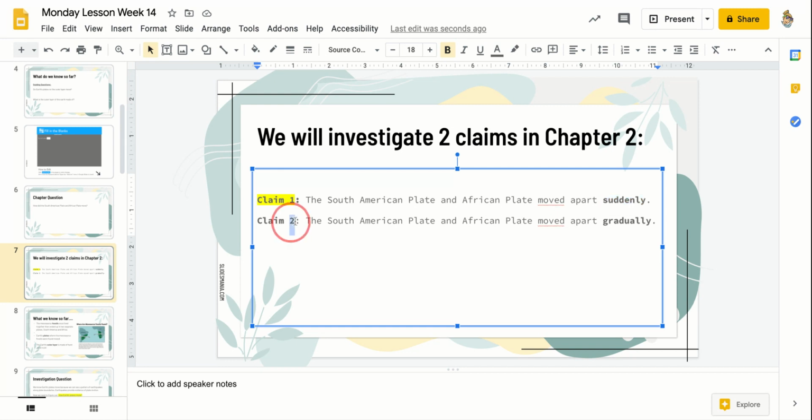And then we have claim 2, which is the South American plate and African plate moved apart gradually, which means slowly, happened over time. So we're going to be investigating which one of these claims is true and supported by evidence.